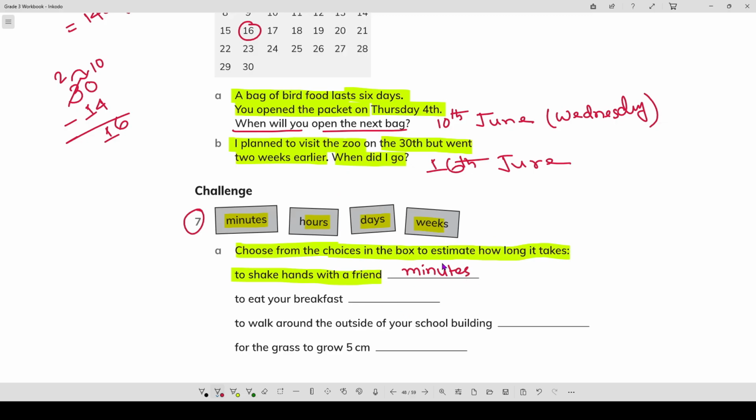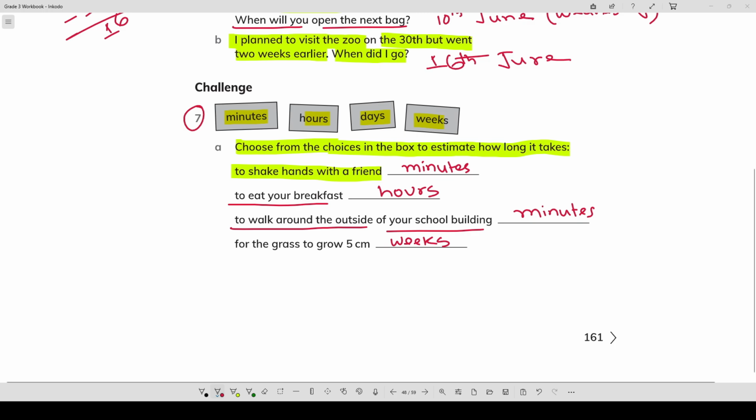Hours, days, weeks is ridiculous. To eat your breakfast, it can be hours, but it needs less than hours. To walk around the outside of your school building, it can be minutes. For grass to grow 5 centimeters, it needs weeks. Okay, so number 7 done.